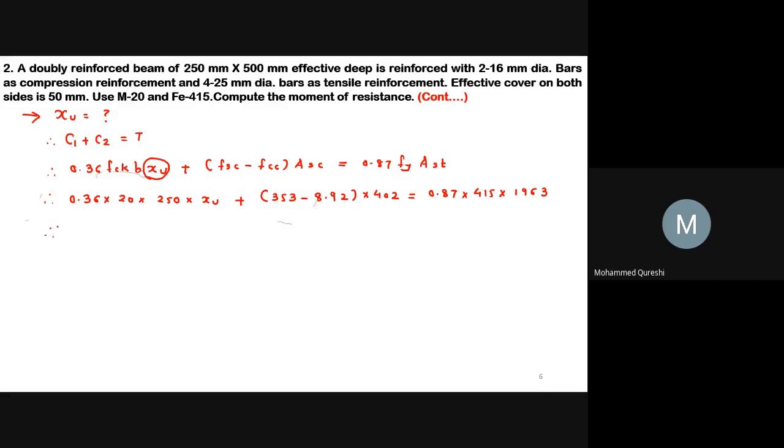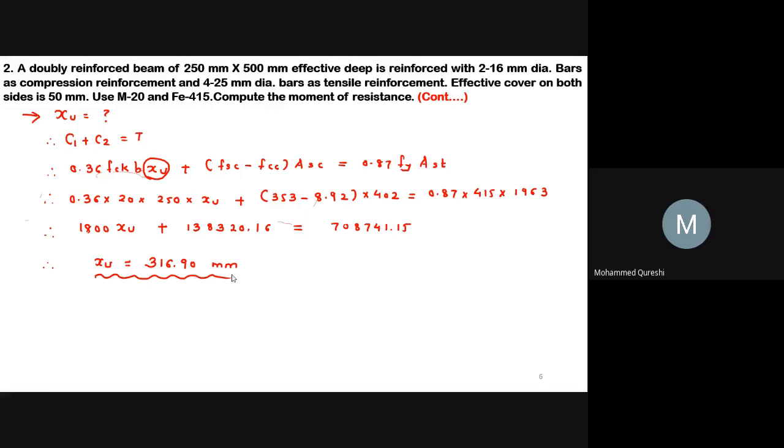After solving this, we will get 1800 XU plus 138320.16 equals 708741.15. Resolving this equation, we will get the value of XU as 316.90 mm. So this is the value of depth of neutral axis.